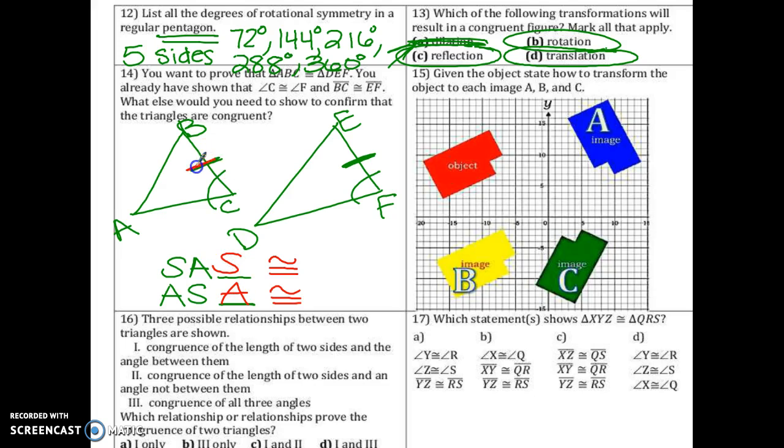If we need side, angle, side in that order, it would have to be side AC, congruent to side, side, angle, side. That would be DF. Okay, so this is what you could have, this one. Or we could have the angle. So I need to get rid of that.